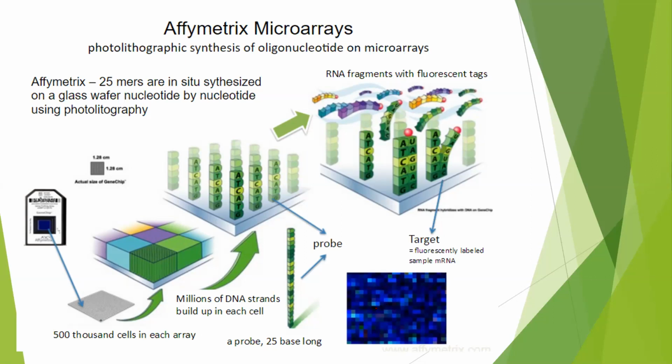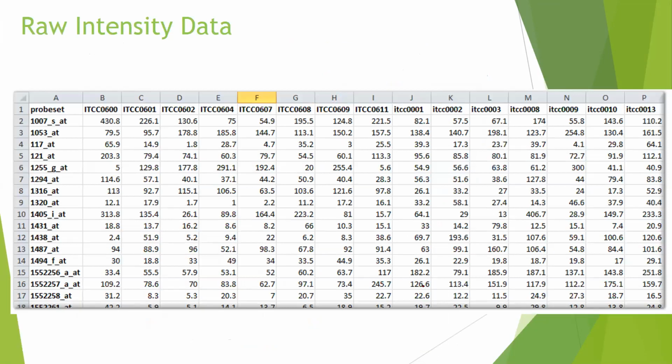The area which represents this gene will light up on the chip. This is the very basic mechanism behind the gene chip. This is an example showing very old data, from when I was a PhD student.